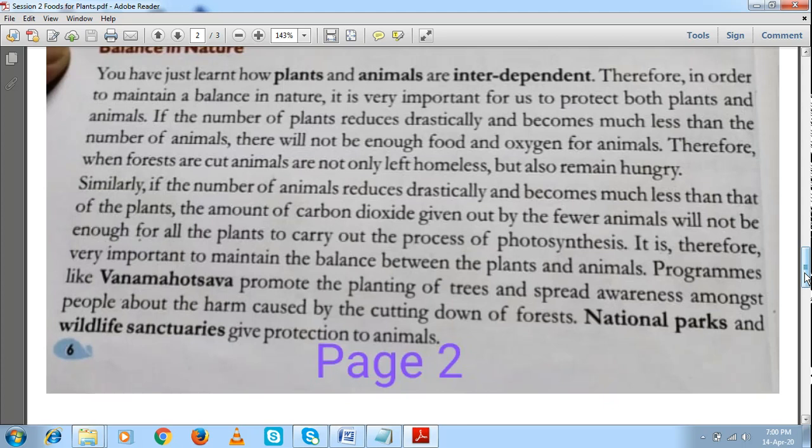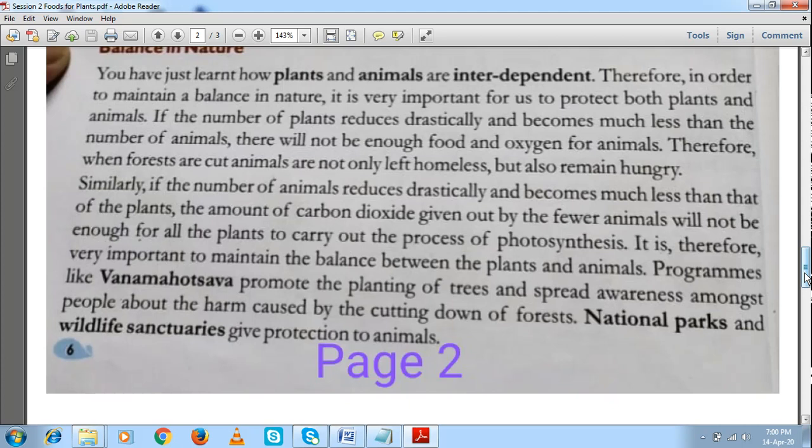So, children, if we need to maintain this balance, if we need to have a better future ahead, we have to plant more and more trees. Government nowadays is also taking very active action. Active participation is seen from various NGOs and the government regarding tree plantation.